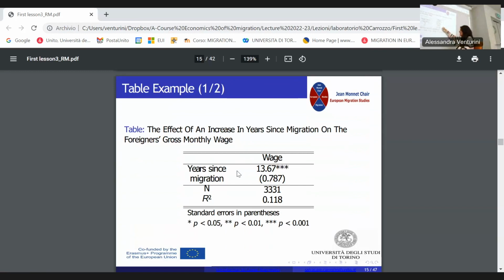Yes. But it's a cheating measure, because if you have a large sample, this is higher, especially if you have a better model with more variables. This is just saying that only 10%, 12%, of the variation of monthly wage is explained by your years of migration.